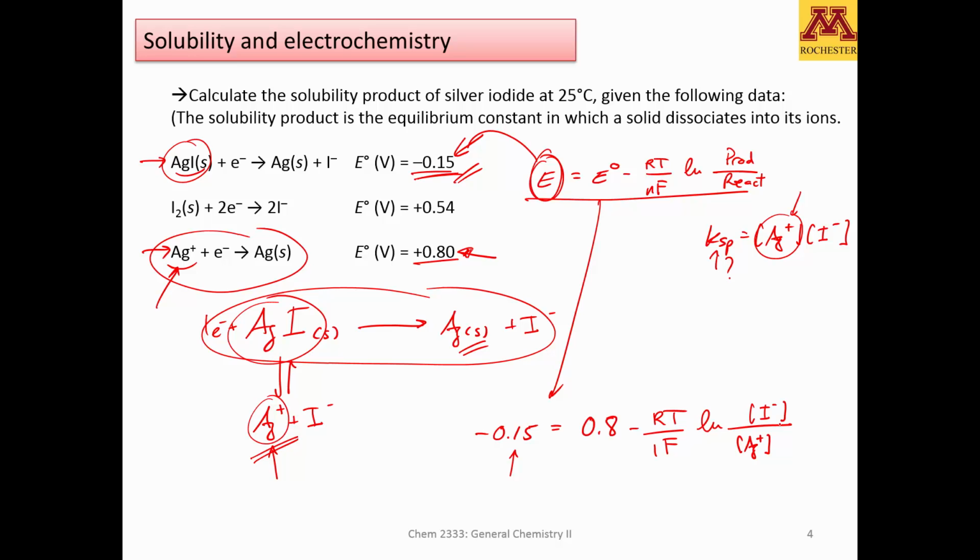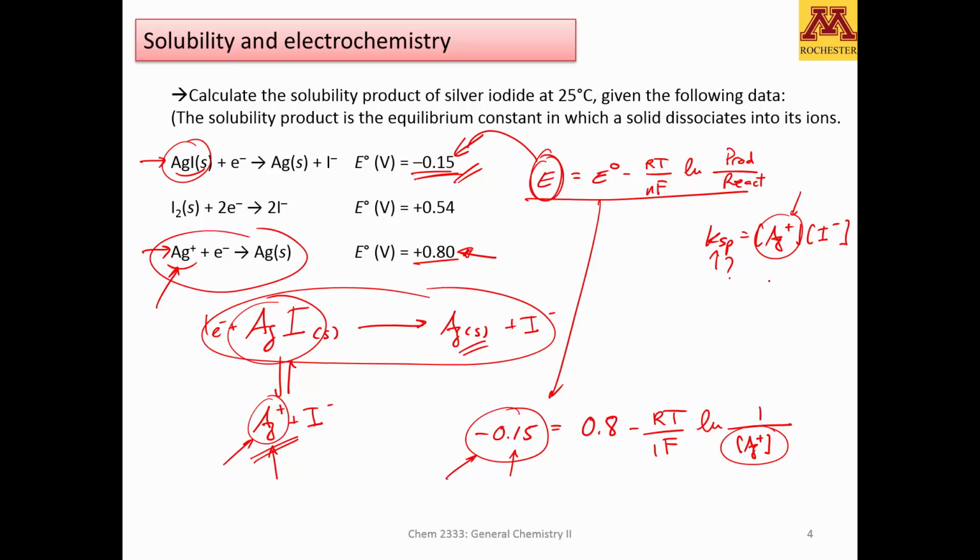And notice that if we work at 1 molar solution of iodide, or regardless, even if we do not, it would cancel out even if we were to put this concentration here. So we don't need to write it. It's just 1 over silver. So notice that this potential becomes so negative because this is not 1 molar. This is smaller than that because you have a saturated solution of a limited solubility solid. Therefore, by reducing the amount of reactants, you have a more negative potential.